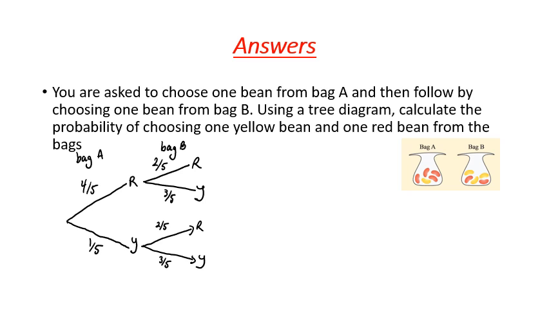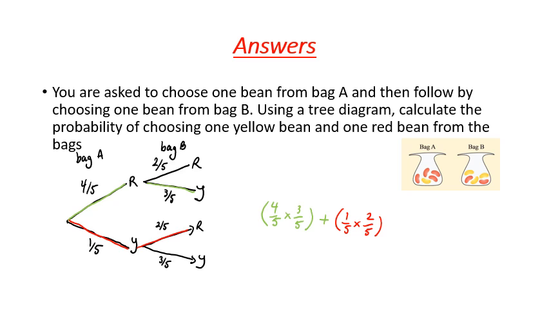Now, we can either take the first route where we choose one red from bag A, followed by one yellow. So we have 4/5 times 3/5. Or we can follow a yellow from bag A, but then we would have to choose a red from bag B, which would be 1/5 times 2/5.